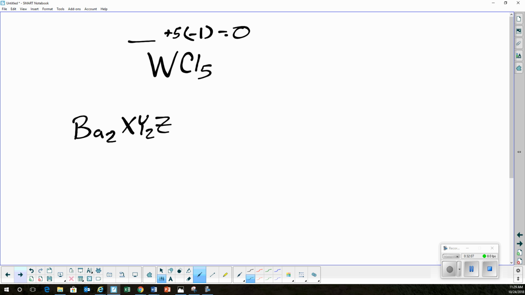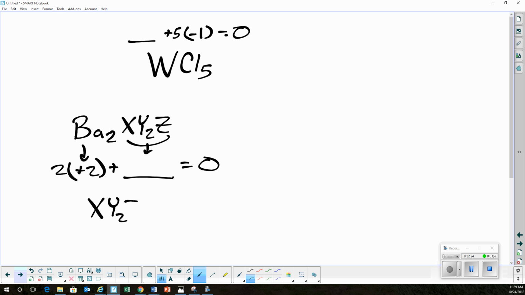Barium is a +2. How many do I have? I have 2. I know that this has to add to whatever this is to equal 0, right? So what's my polyatomic? XYZ has a 2 negative charge. Because I know barium doesn't like to make groups, so whatever's left over has to be the group, right? So whether she puts parentheses around it or not.